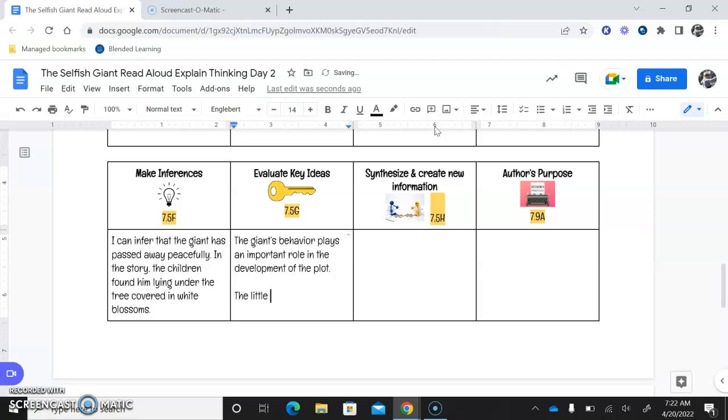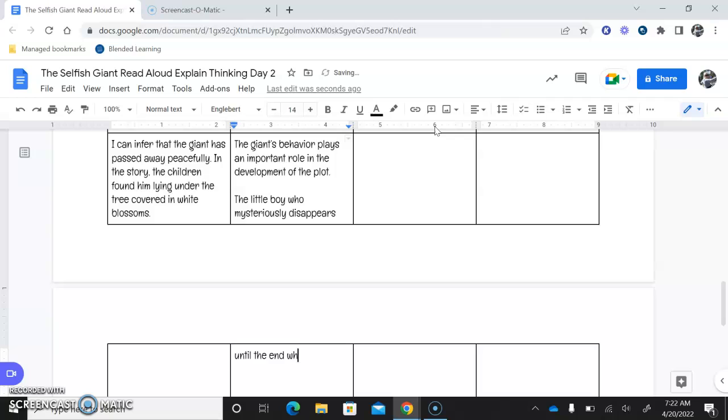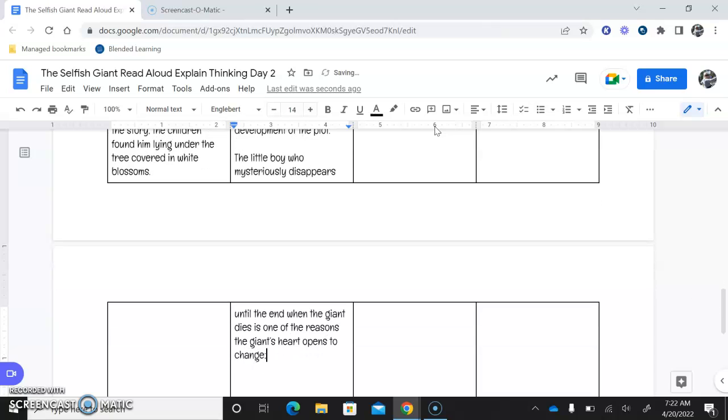The little boy who mysteriously disappears until the end when the giant dies is one of the reasons the giant's heart opens to change.